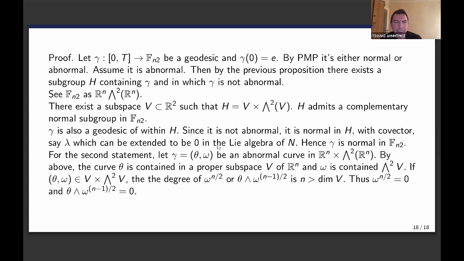Now we can do this. We can identify this Lie group with R^n times this wedge product, as we see here. It's R^n, and there should be a times here. That's R^n times this wedge product. This is the space of two forms, essentially, in R^n. And why can we do this? Well, think of it like this. If we take an orthonormal frame in this group, say x1 to xn, then that very much looks like R^n.